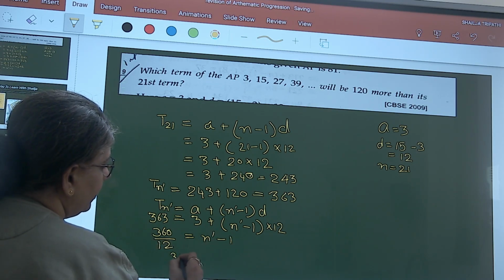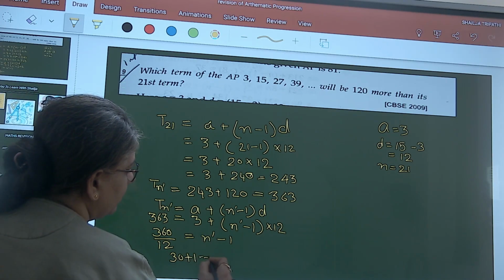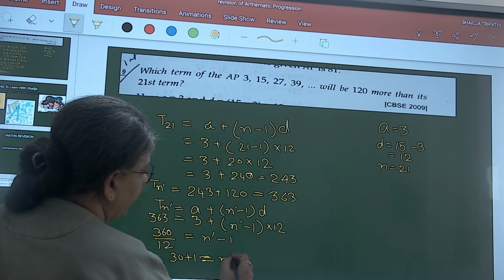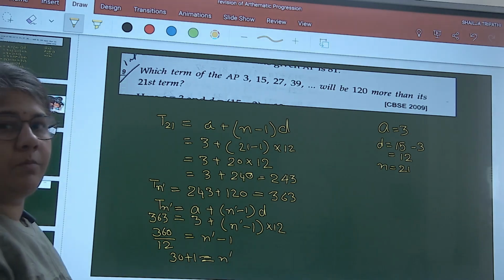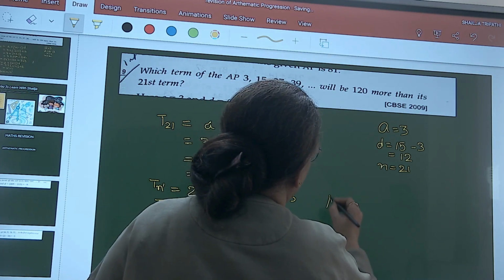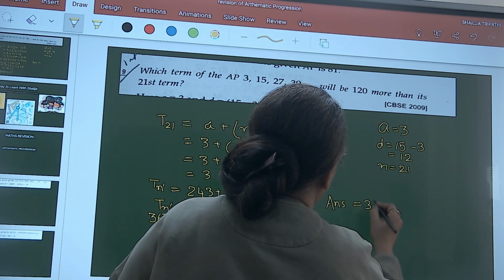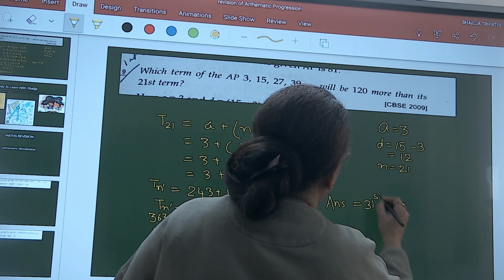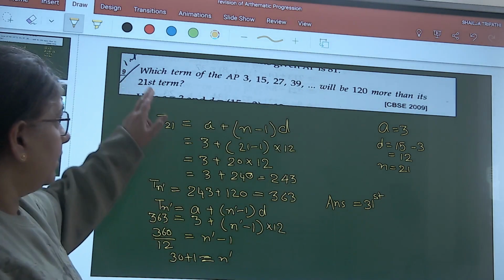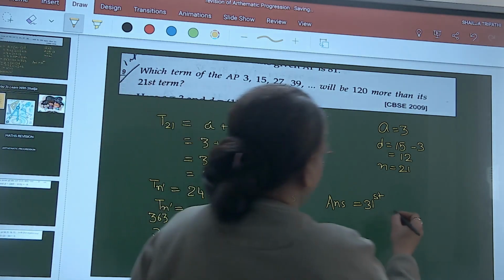So 30 plus 1, that is 31, is equal to n dash. So our 31st term will be 120 more than the 21st term. So the answer is the 31st term.